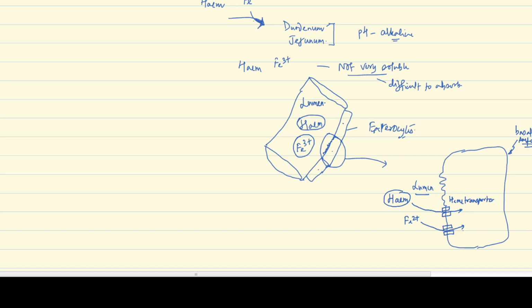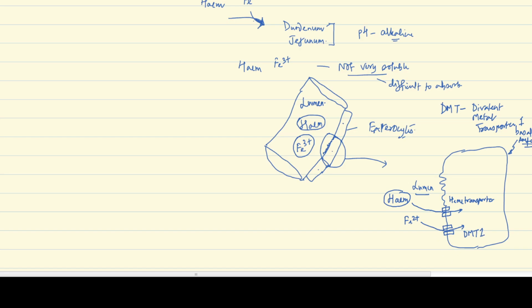So this transporter is called the divalent metal transporter. Let's write it down here. DMT is divalent metal transporter 1. So DMT 1.